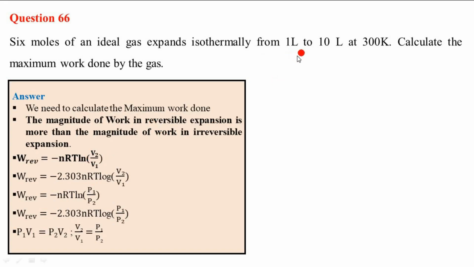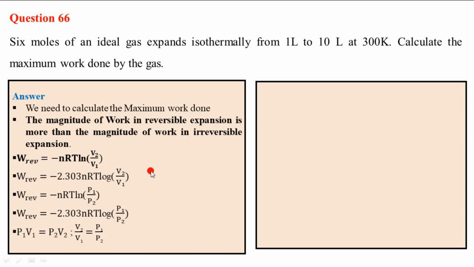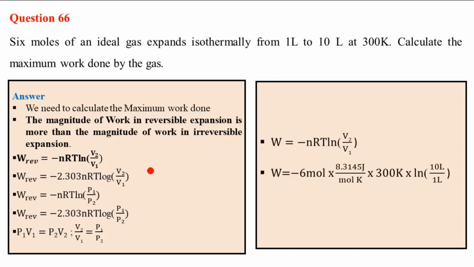And what do we have here? We have isothermally from 1 liter to 10 liter. That means you have the initial volume and the final volume, and the constant temperature. So we use this formula where you have the volumes. Let's replace the values.